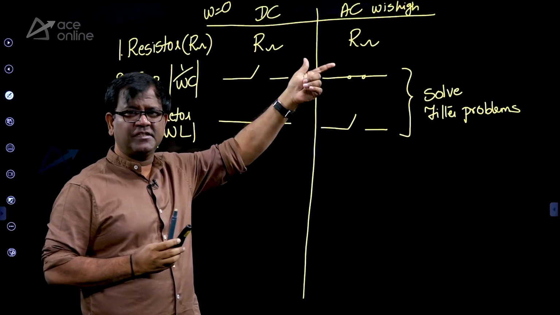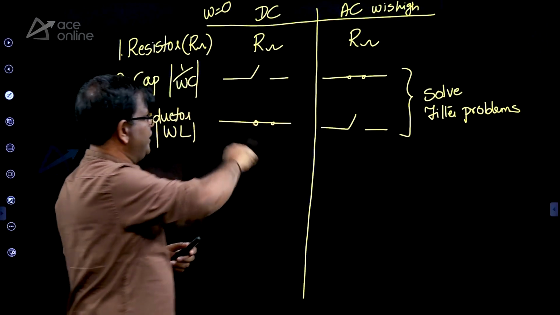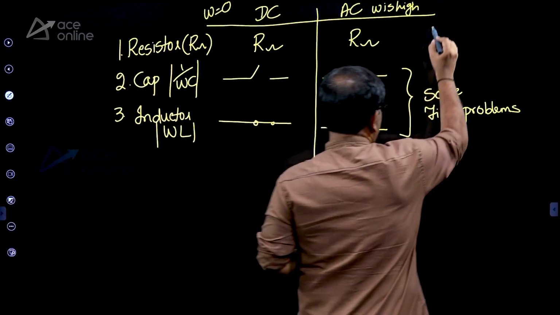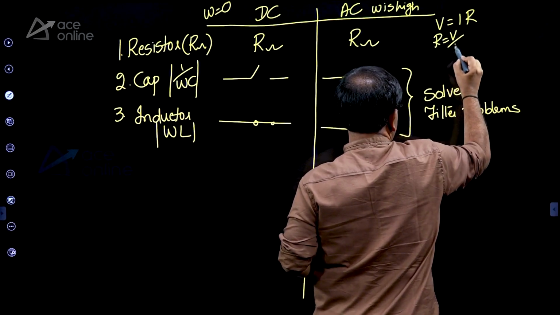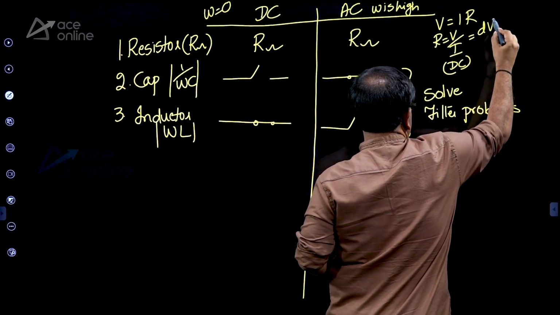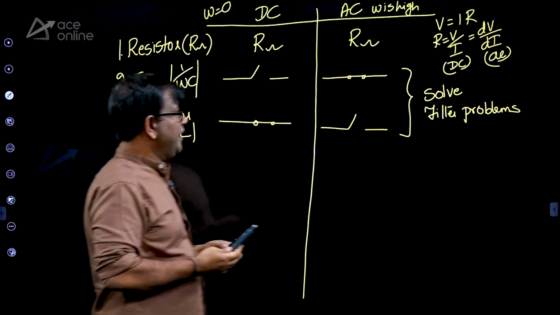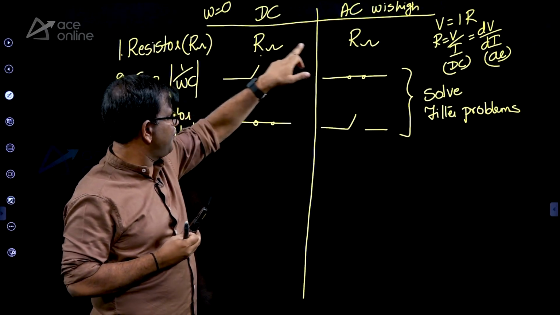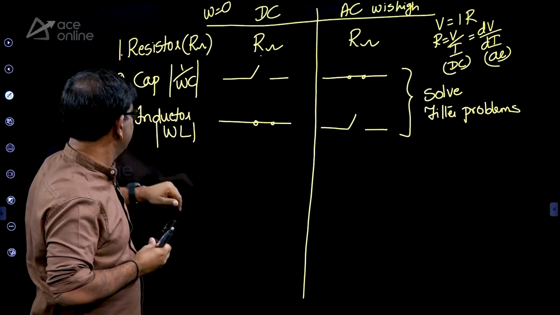So whenever resistors are given in the problem, just keep them, right? Respect resistors, because remember, resistor will never change its phase in DC or AC, because V equal to IR, R equal to V by I. And remember, R is same as dV by dI. So probably resistor or the bulb is the only component which is having same values both for DC analysis and AC analysis, right?